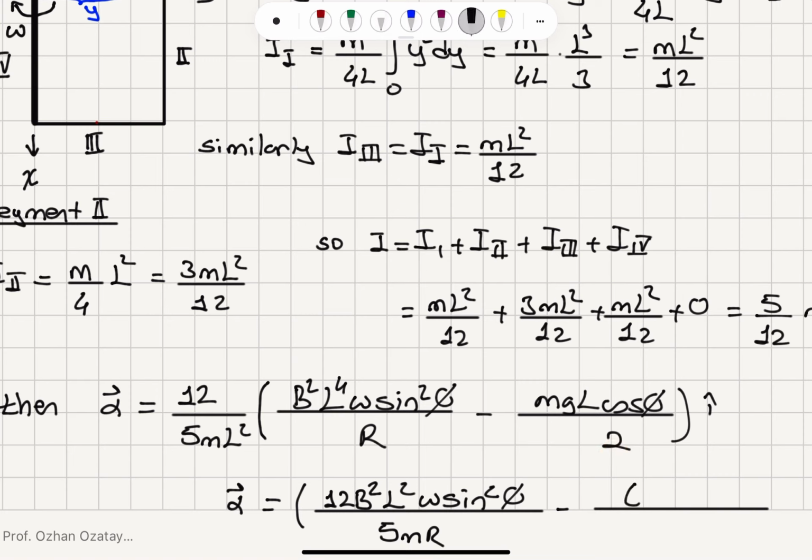The masses disappear. So I have 6g cosine phi.